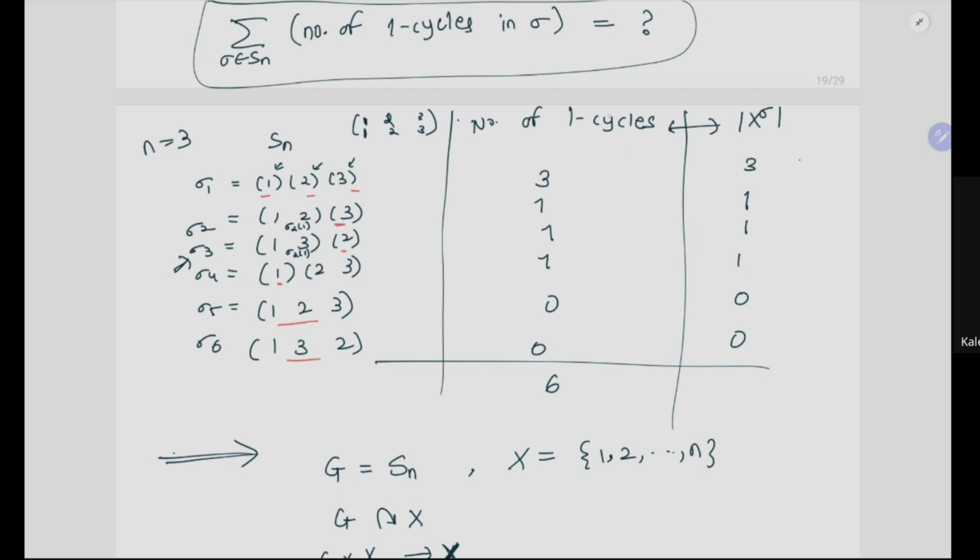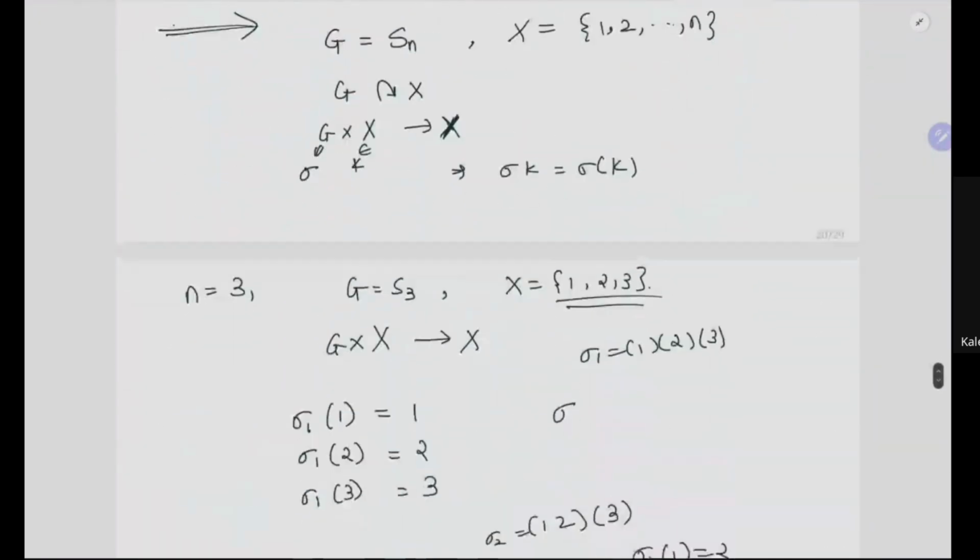And this is also true for 2 cycles if I take. Sorry, not the 2 cycles, but for 1 cycles it is exactly the fixers or the stabilizers of these elements.